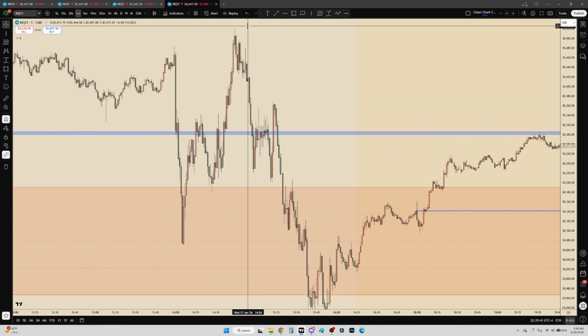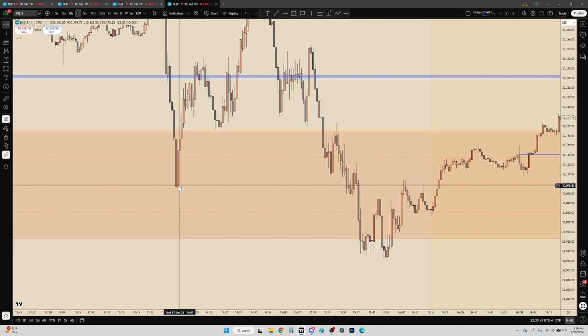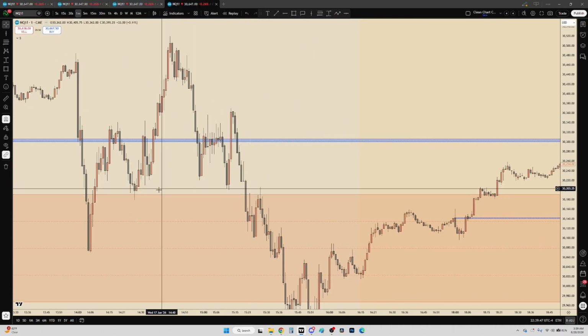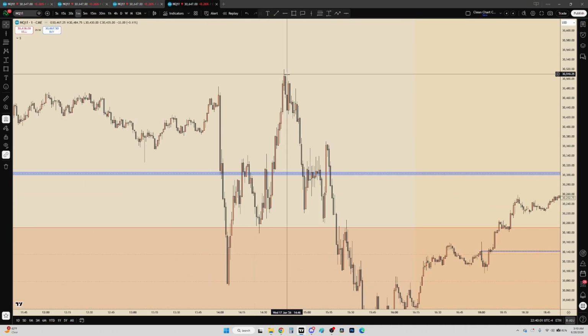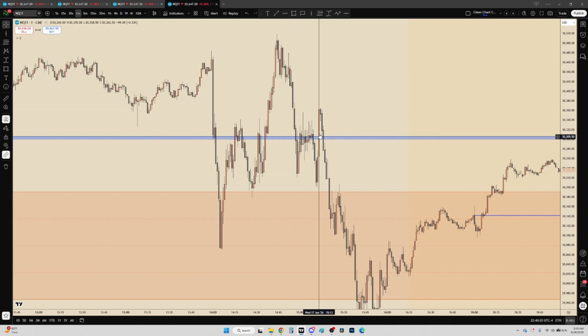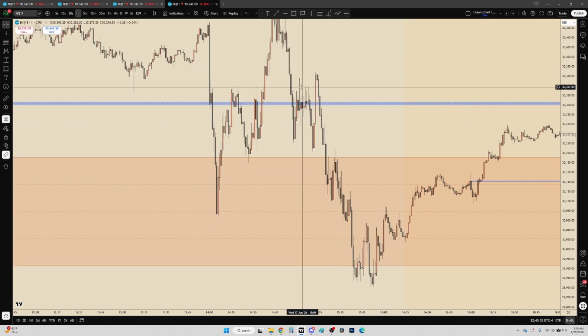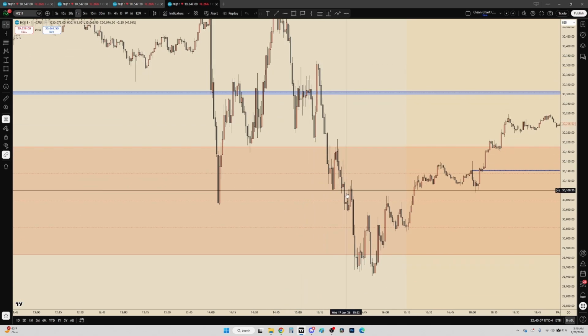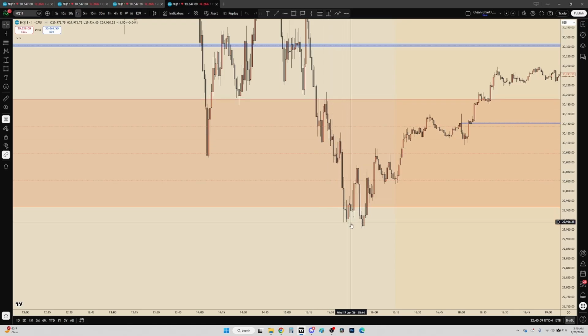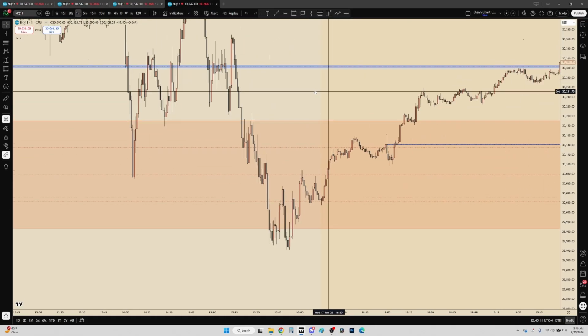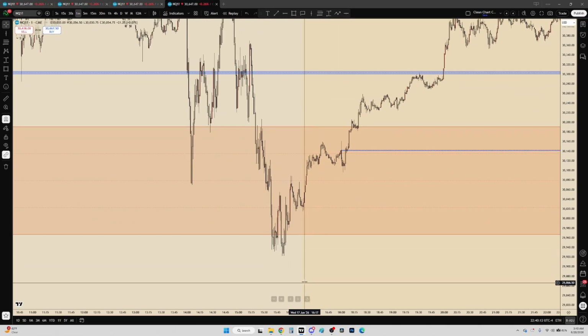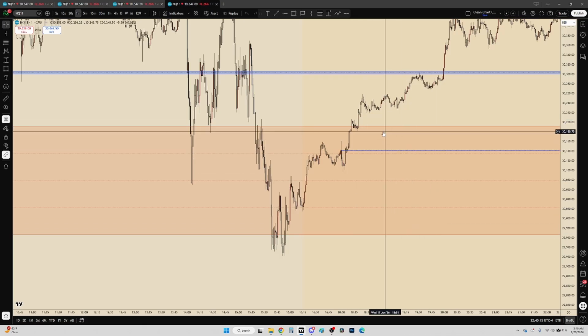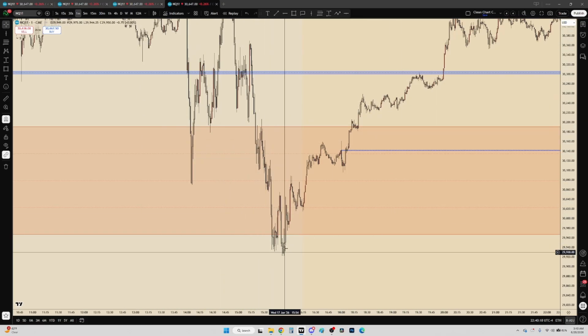And then we bounced out of it after hitting the halfway point, went up, used the top of it as support, went higher, swept liquidity, displaced down, retraced up into the fair value gap, used that as resistance, sold off. This time we touched the bottom of the NWOG and then we used that. So now we're starting to inverse the NWOG because we already filled it down here.